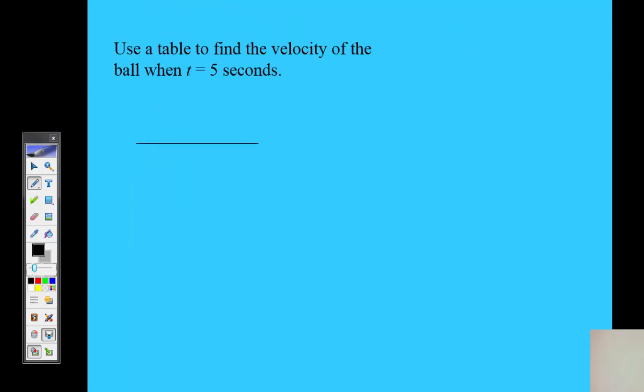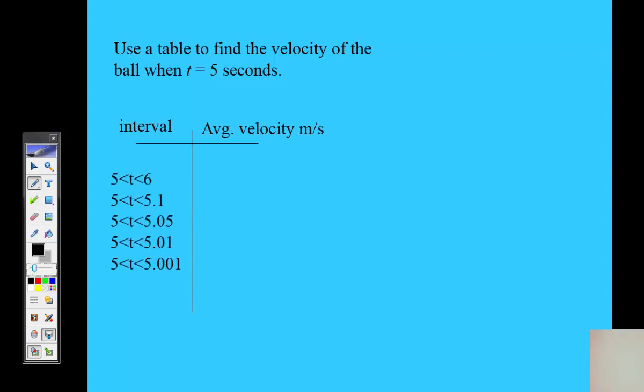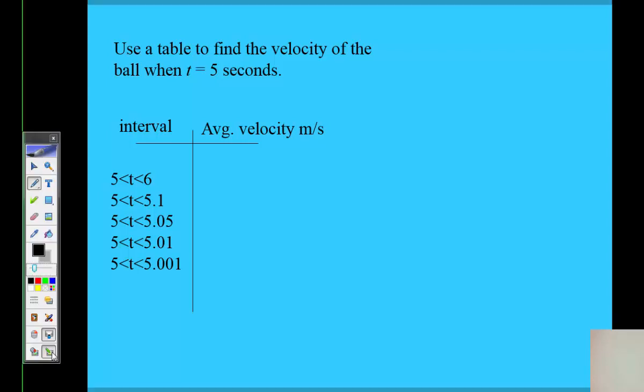To find the instantaneous velocity, let's take a look at a table of values. We would go back to finding the slope of the secant line as we choose values that get closer, because we're trying to find, let me draw to make this a little bit clearer.